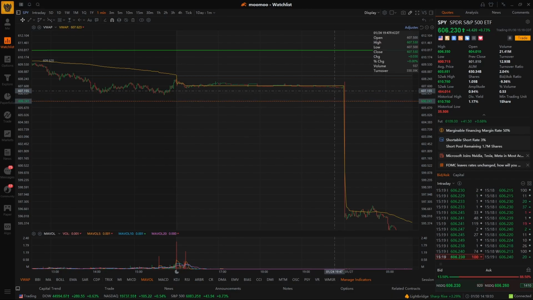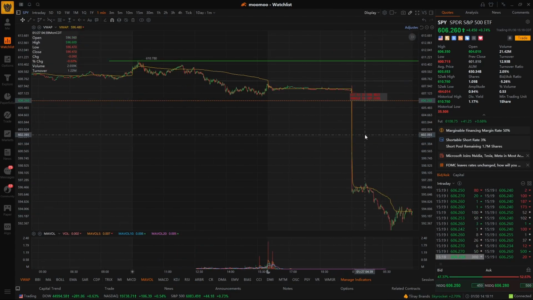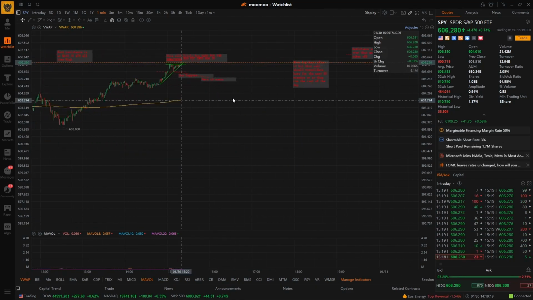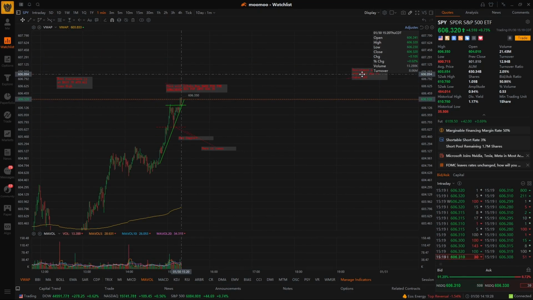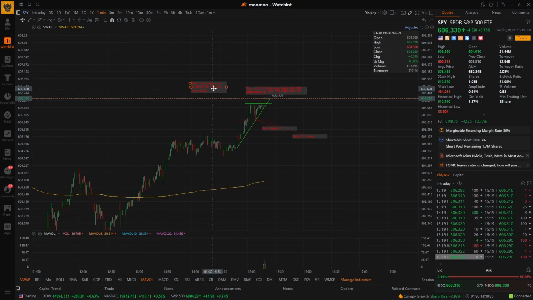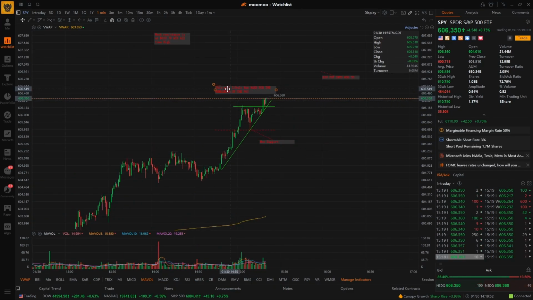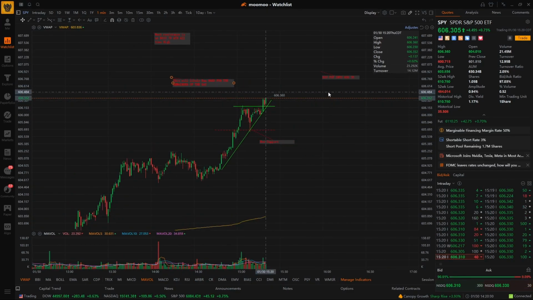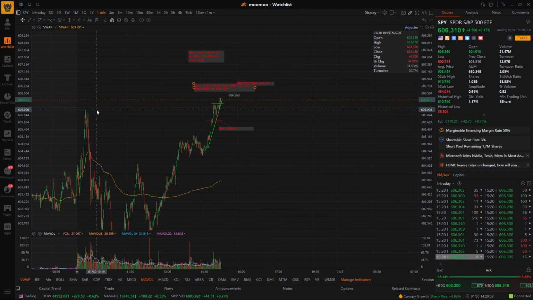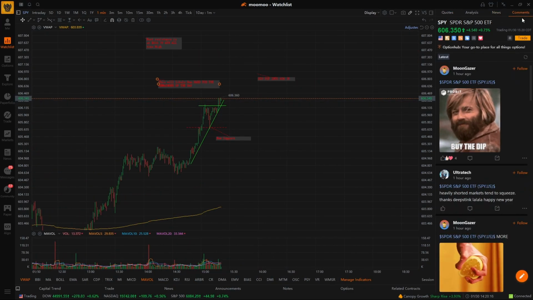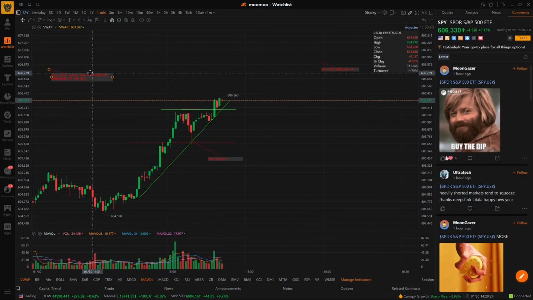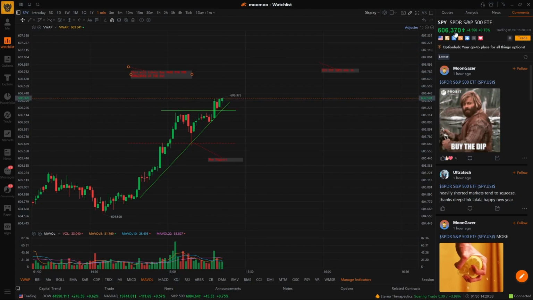A lot of people will say options are high risk, high reward. That's true, it is very true. But if you're confident in doing technical analysis and charting, why would you ever want to trade an ETF at 606.30? Not a lot of people have that kind of money for it to move up five bucks.